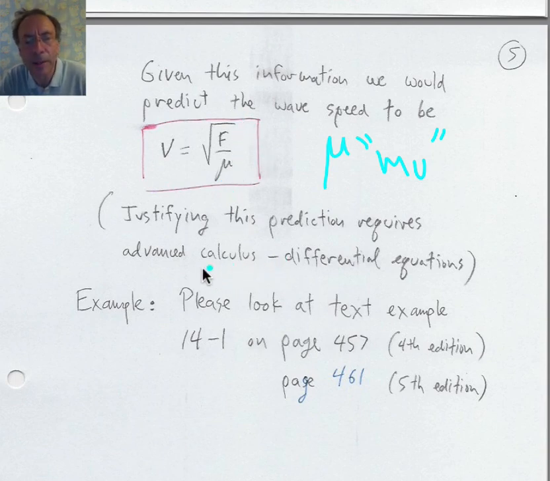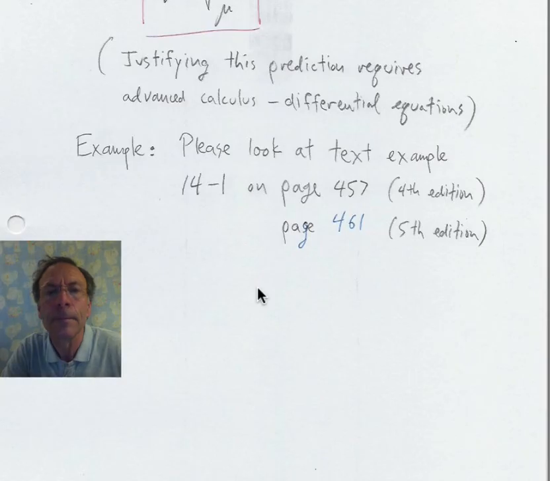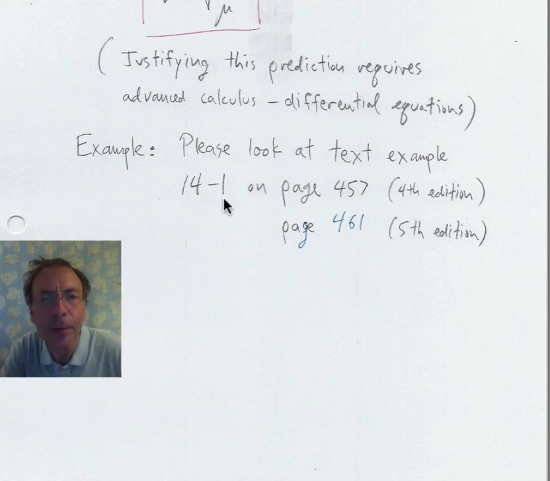All right. And now actually figuring out this formula is not easy. It requires differential equations, third, fourth year calculus. So, okay. At this point, I need you to get your book out and start reading chapter 14. So start at the beginning of chapter 14, and when you get to page 457, look carefully at the example, example 14-1, which is on page 457.